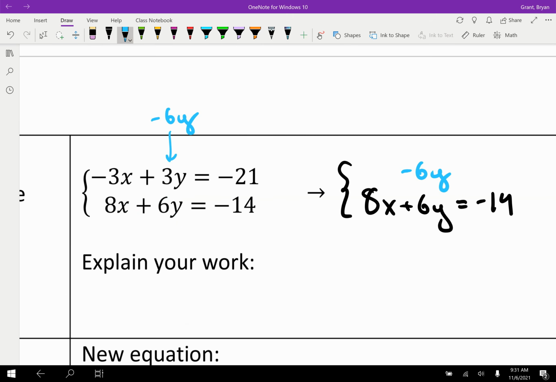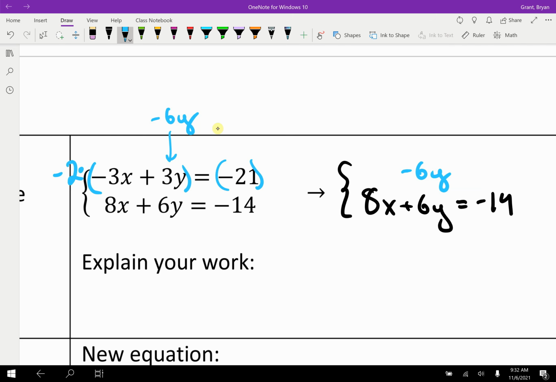Now, in order to make it a -6y, we're going to go through and use multiplication, because we know if we multiply by any number we want, it will still keep the equation the same. It'll look different, but it has the same value. So what do we need to multiply 3y by to make it into -6? Well, we need to multiply by -2.